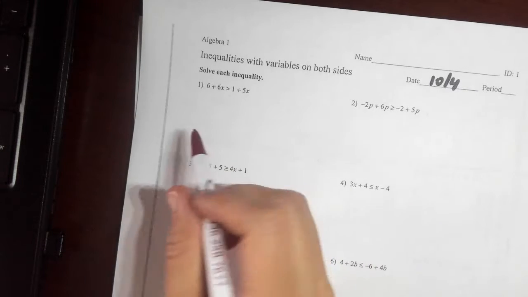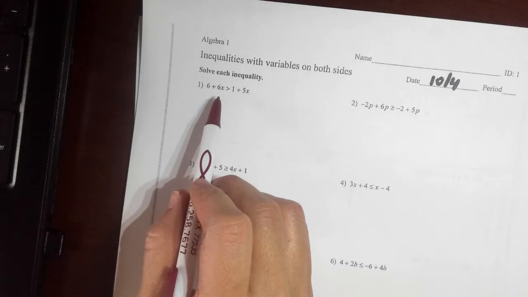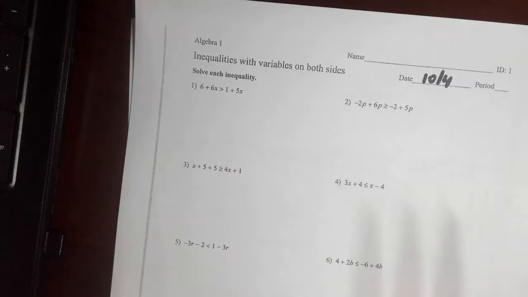So you're going to be solving inequalities with variables on both sides. And again, this is exactly like solving equations, except that when you divide by a negative number or multiply by a negative number, you flip the symbol, right?